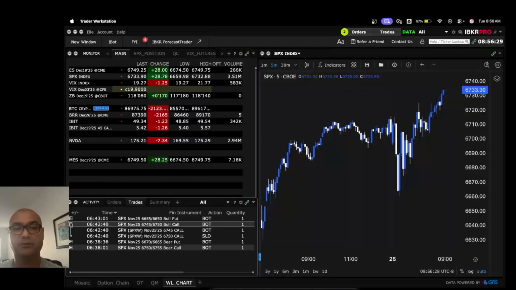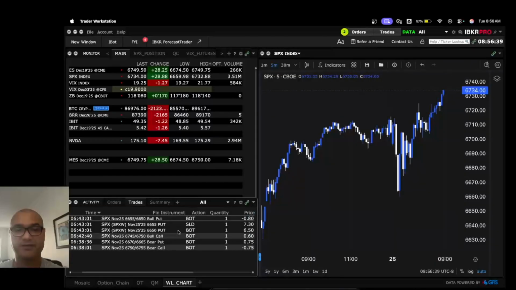And down below, I gave myself a little extra room. I sold the put spread. I sold the 55.50. This is in the 66 handle. I sold that for 80 cents, and the butterfly cost me 60 cents.